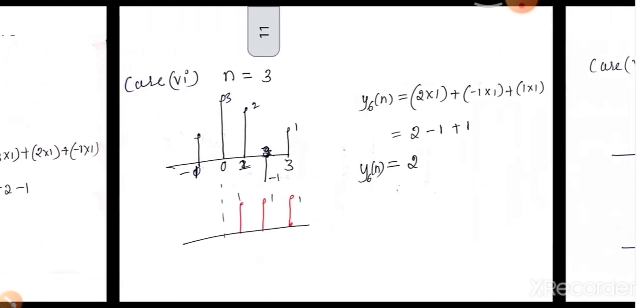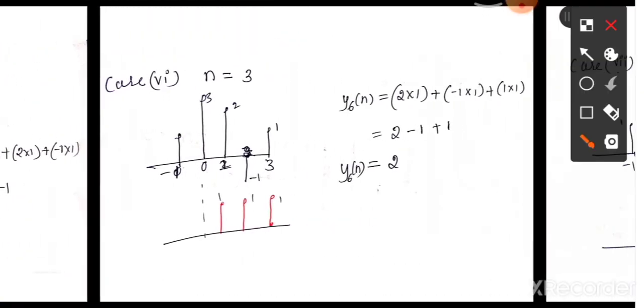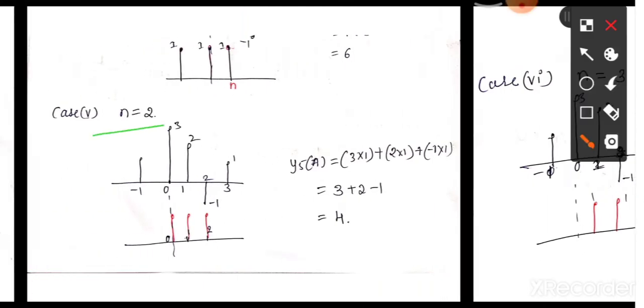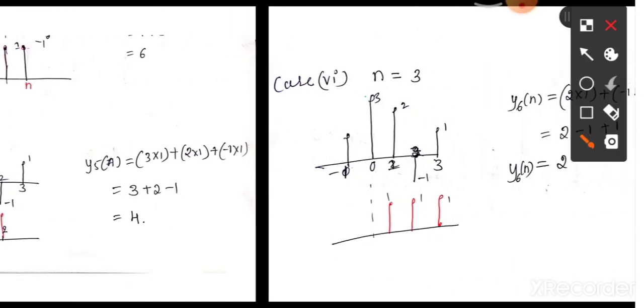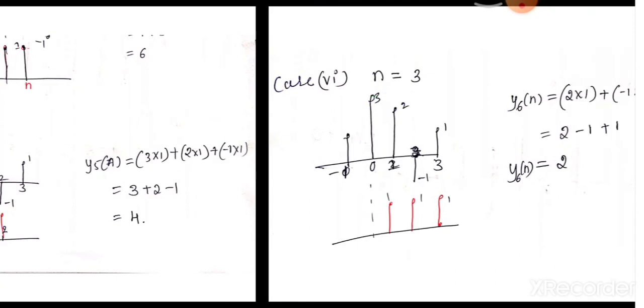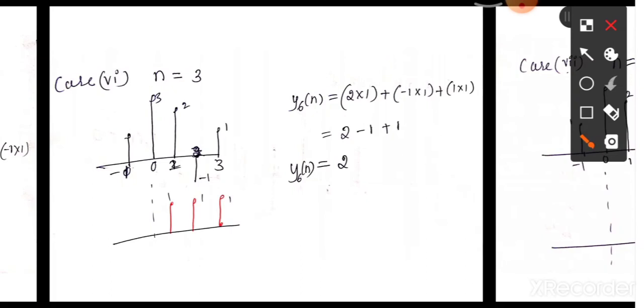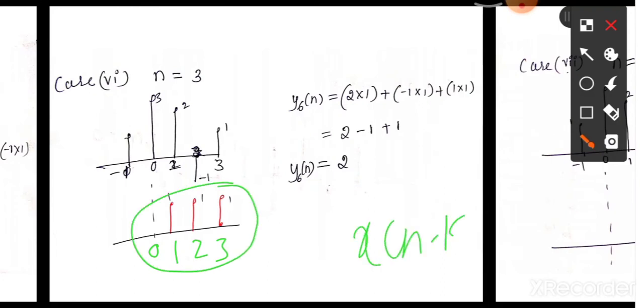Okay. Similarly, let's place n is equal to 3. Means we are increasing one number, n equal to 2, and now n equal to 3. Okay. When n equal to 3, now let's place this, 0, 1, 2, 3. Let's place this signal, that was x of n minus k signal, on 3 of this signal.